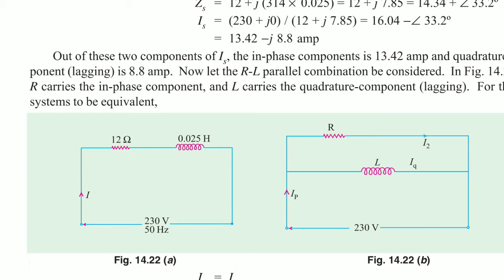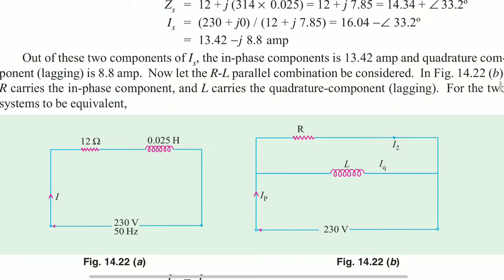The question is different here. What are they asking? So apply the logic here. Out of these two components of Is, the in-phase component is 13.42 amps.